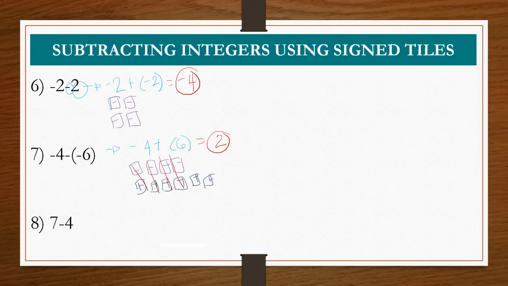Number 8, we have 7 minus 4. We can rewrite it as 7 plus negative 4. Okay, so we represent 7 first using 7 positive tiles: 1, 2, 3, 4, 5, 6, 7.